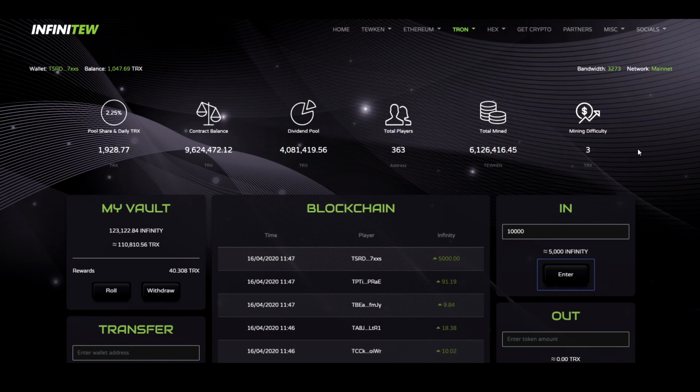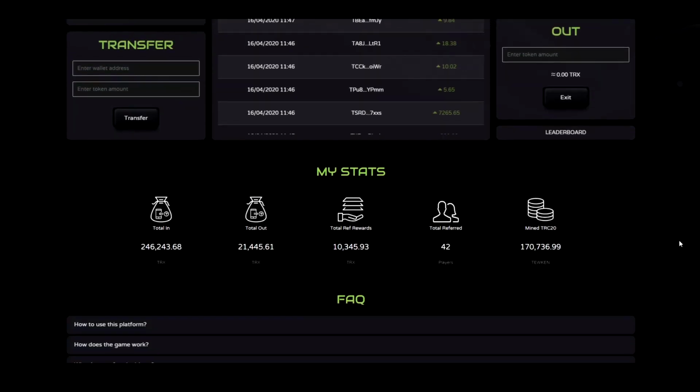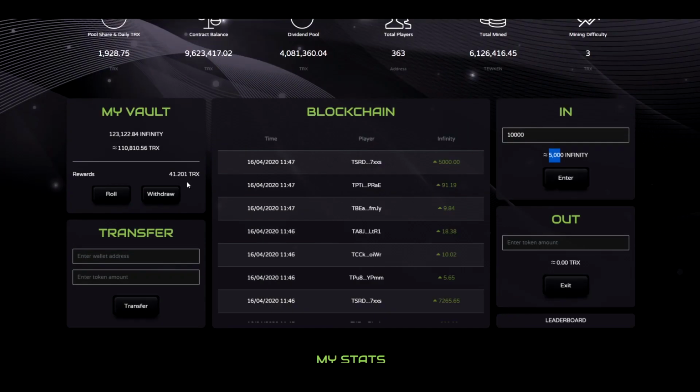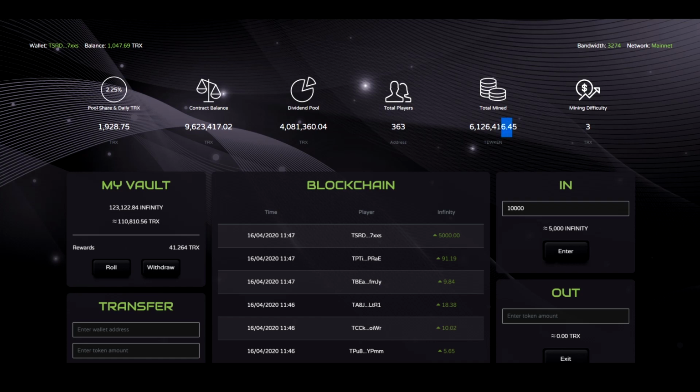Now, how do you win? Infinitew is an endurance game where the people who do the most rolling and the least withdrawing capture the most of the dividend pool over time. One thing a lot of people are doing is they're taking the Tewken that they mined and they are selling them to make up for the 50% fee and then using their rewards to buy back the Tewken.